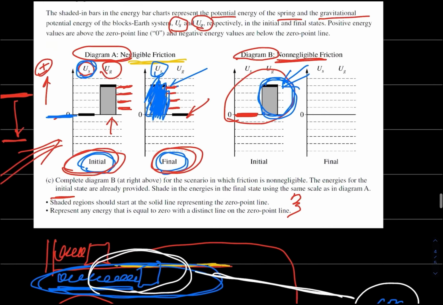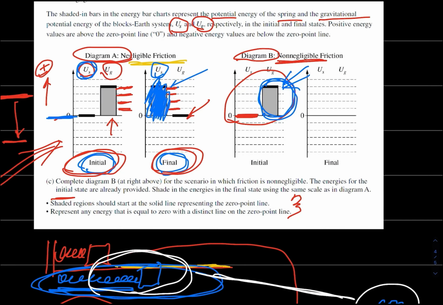So how might we draw that? Because the mass didn't descend as far, it's not going to lose everything to go from here all the way to 0. So let's say it drops down most of the way but not all the way. And the spring, with its potential energy, it's not going to gain 4 units that it took from gravity.